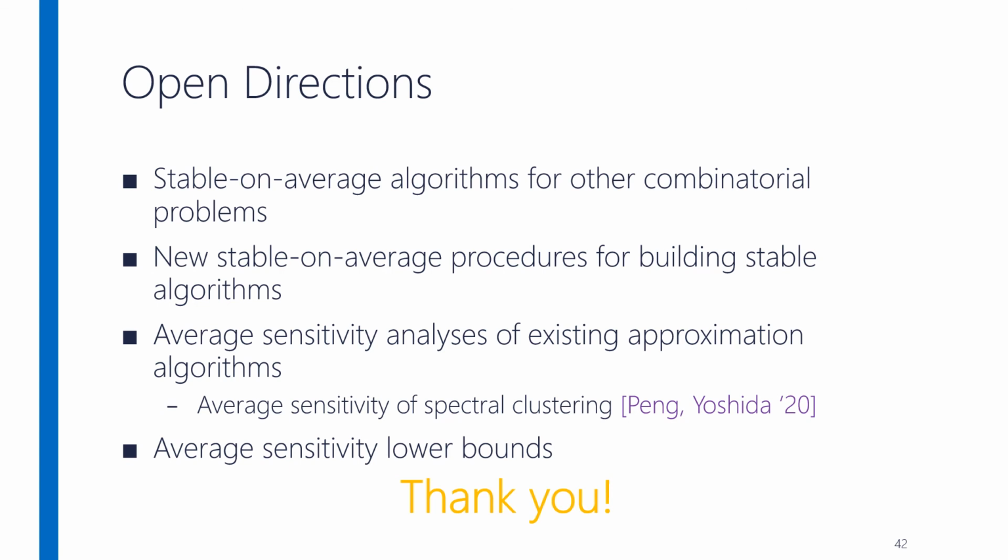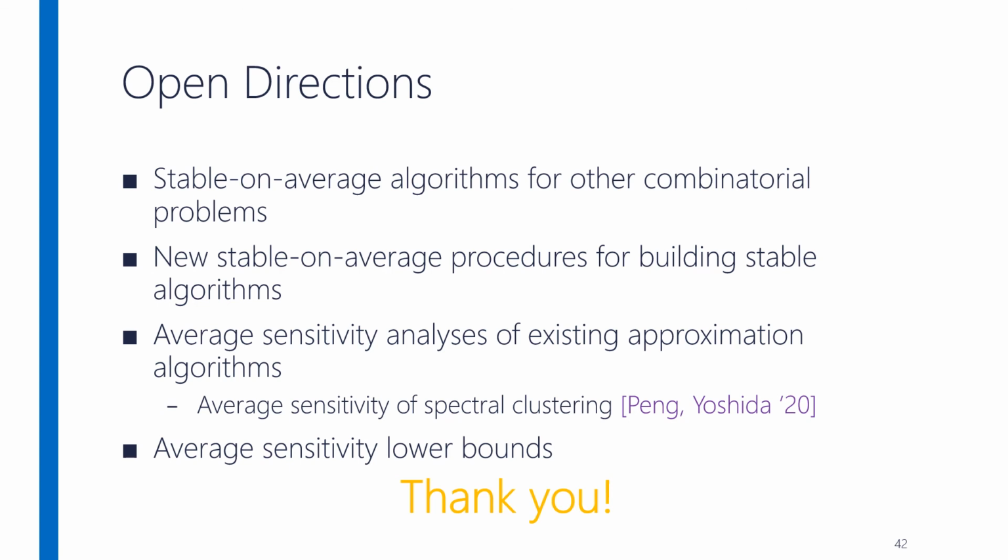Additionally, research on LCAs can lead to new stable on average algorithms for various problems. It is also interesting to analyze the average sensitivity of existing approximation algorithms. Peng and Yoshida, in a paper published recently at KDD 2020, analyze the average sensitivity of spectral clustering, and they show that spectral clustering is stable.